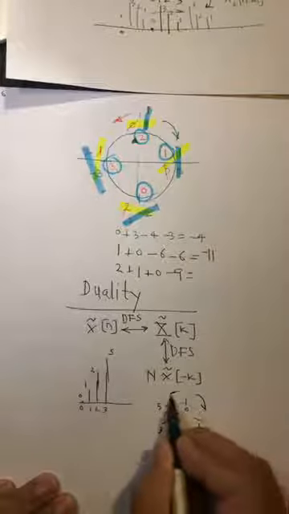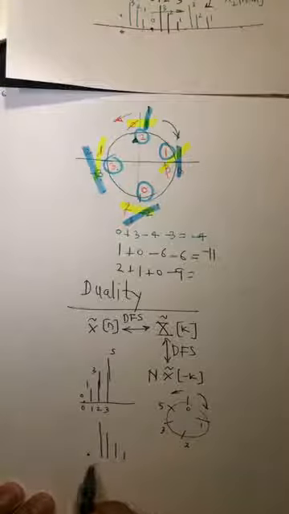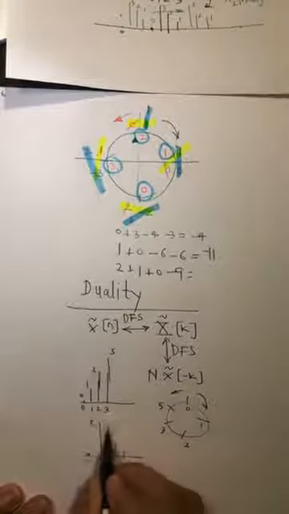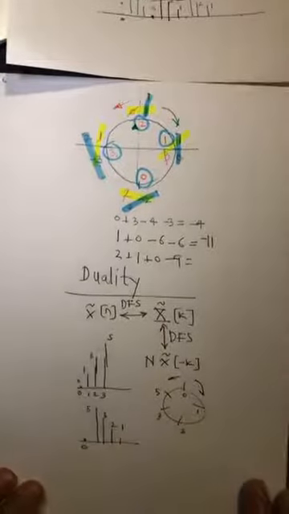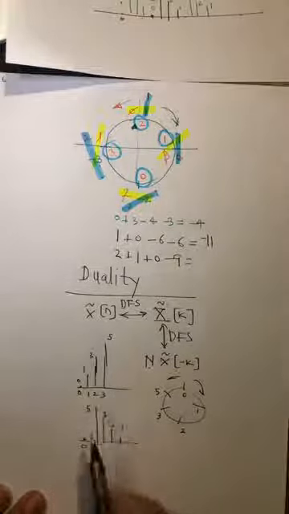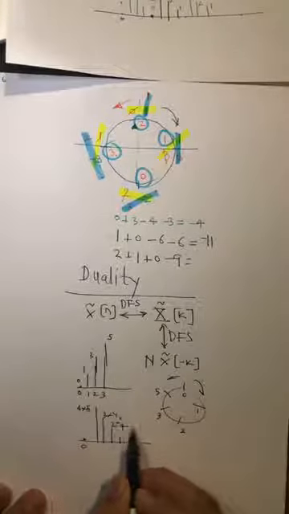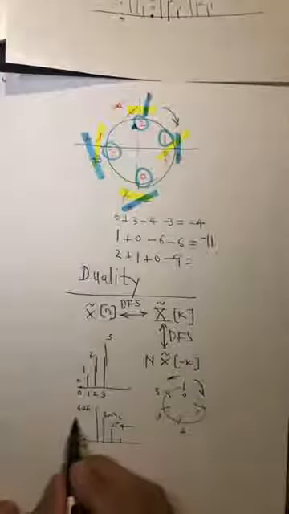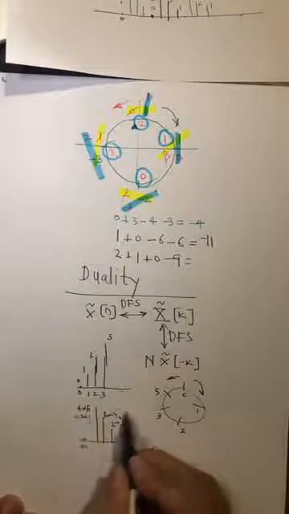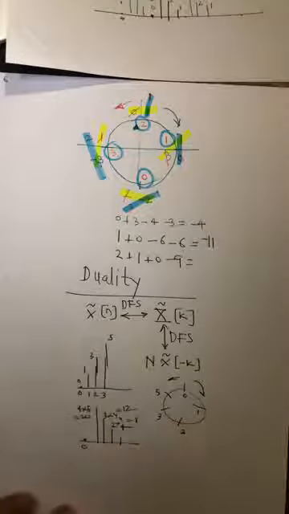And instead of reading like this, you read it like this. So it is 0, 5, 3, 2, and 1. Okay, and then multiplied with N. N is what? N is 4. 0, 1, 2, 3 and 4 it is repeating. So into 4, into 4, into 4, and this becomes 20, 12, 8 and 4. So the answer is discrete Fourier series of discrete Fourier series is this answer. So you can easily calculate the answer.